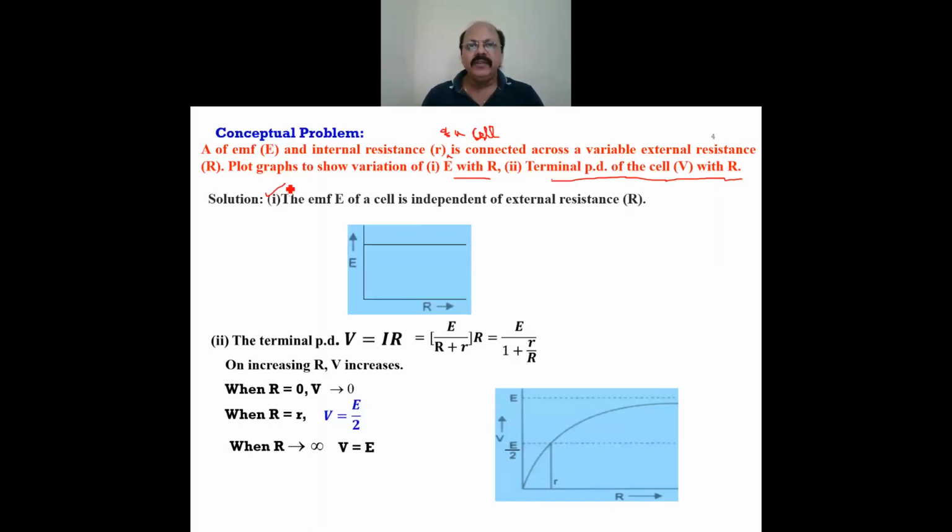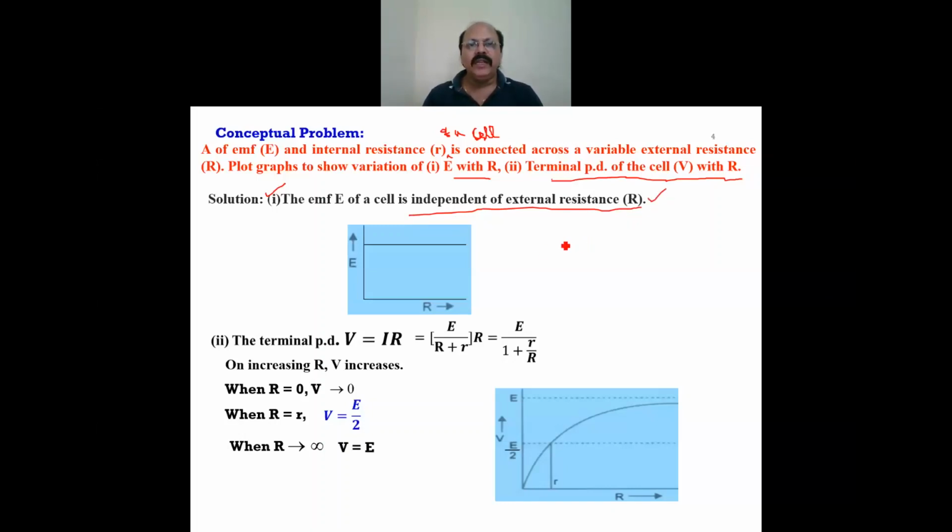You just remember the definition. The EMF of a cell is the maximum potential difference between the two electrodes of the cell in open circuit, that is, no current flows through the cell. In open circuit, it means there is no external resistance R. So the EMF of the cell is independent of the external resistance of the circuit.